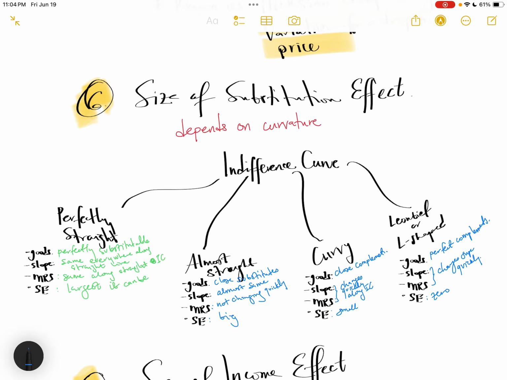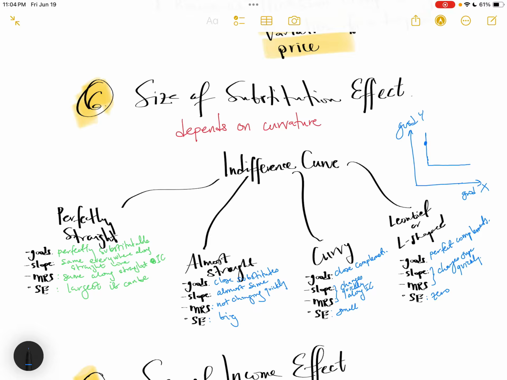Now, I was saying that when you have an L-shaped indifference curve, one that looks like this, good X, good Y, and this is the little detour, you have this L-shaped indifference curve.